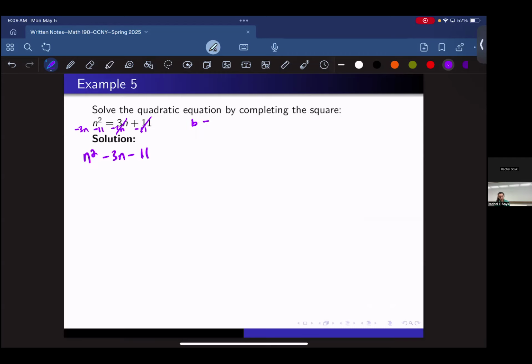Our b value is -3. So our special key is -3 over 2 in parentheses squared, which is positive 9 over 4. We set this equal to 0.